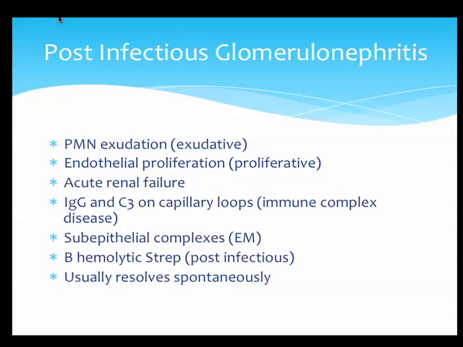This disease process follows beta hemolytic streptococcal infection, but many other bacterial infections and some viral infections can produce exactly the same picture pathologically and clinically. The important part of identifying this disease process is that it usually resolves spontaneously, particularly in younger patients.